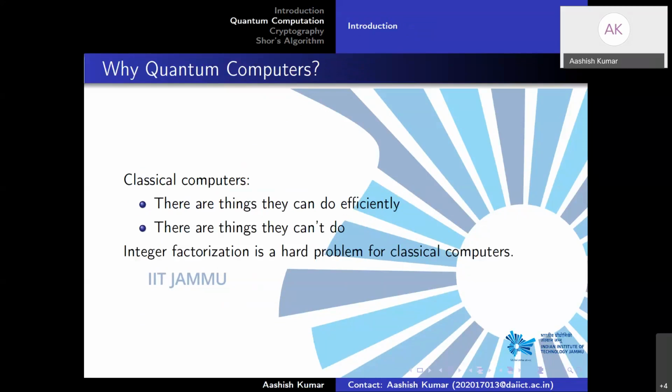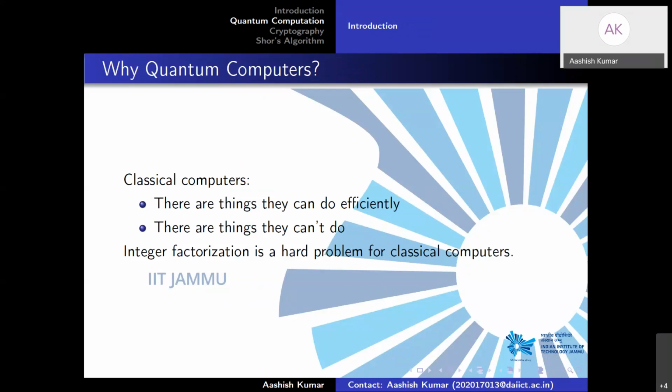So, briefly touching on the limitations of classical computers. There are a lot of things that classical computers have helped us do efficiently, like their integration in electrical devices, making our lives easier.